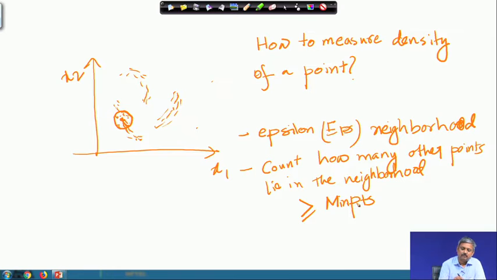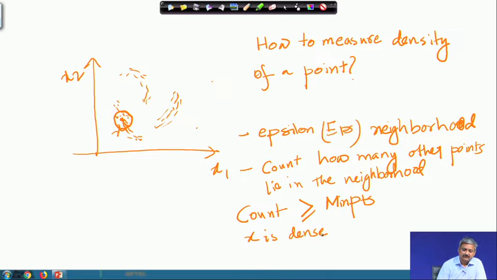So, you see how many other points lie in that neighborhood, and if that count is greater than min PTS, that means we have a sufficiently good number of other points lying in the neighborhood, then we call this point x to be dense. X is dense.